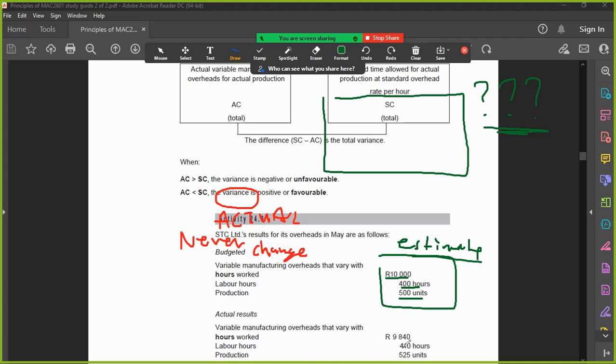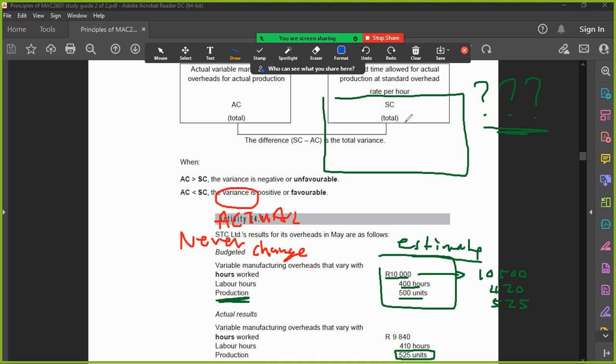If your production is better than what you had expected, then we need to re-evaluate the budget, because ultimately we're converting this to what we would budget for had we produced 525 units.